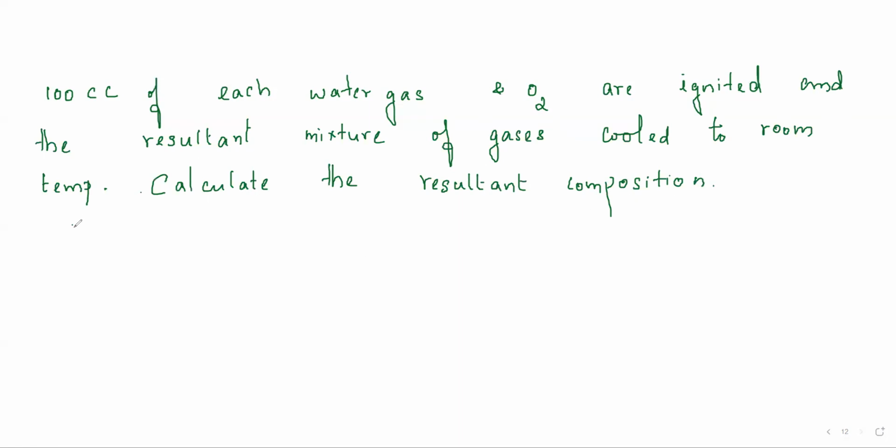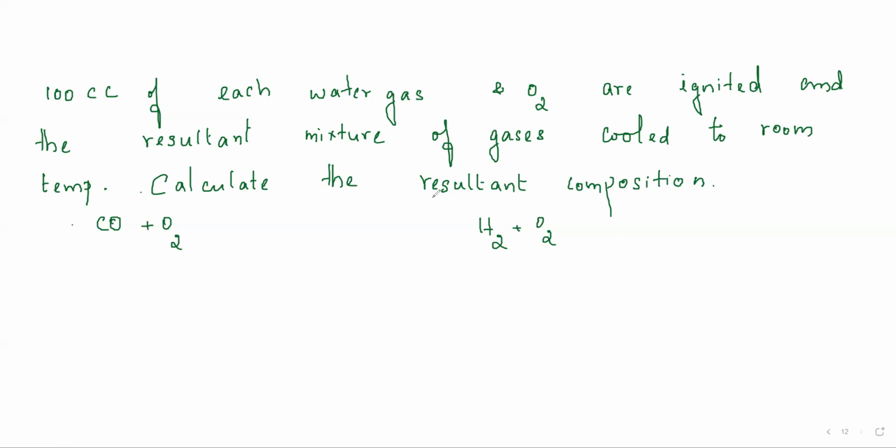Well, water gas is a mixture of carbon monoxide and hydrogen. So that is the first information that we needed to have here. So you are igniting carbon monoxide with oxygen, similarly igniting hydrogen with oxygen.